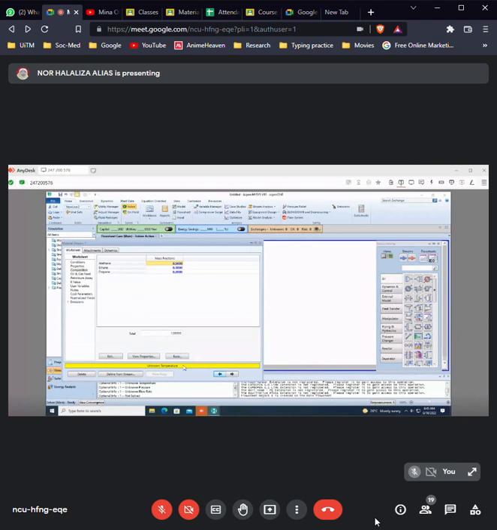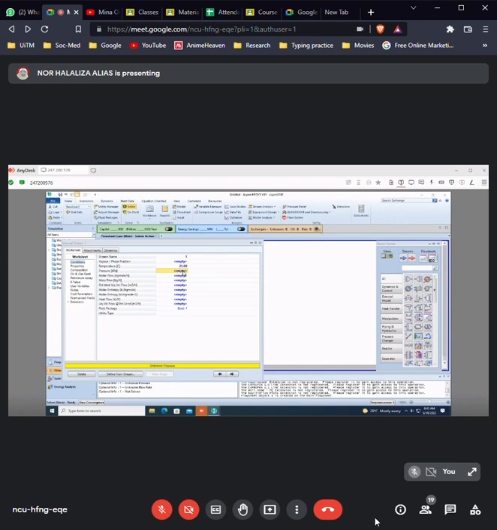Okay, then the next part they ask you for unknown temperature, so we go to condition. Okay, and then fill up the temperature. Okay, 25 degree. Okay, and then you have 20 bar pressure.